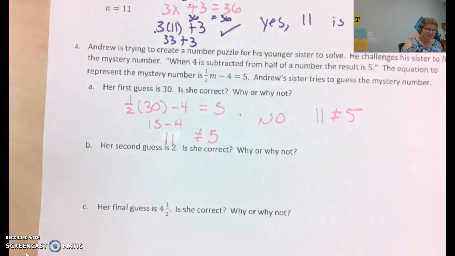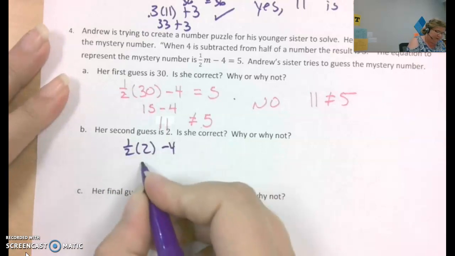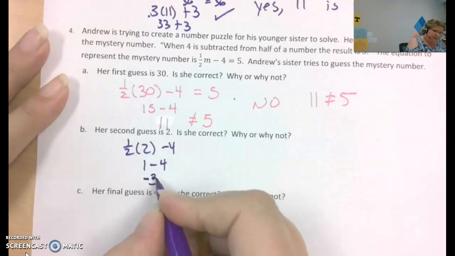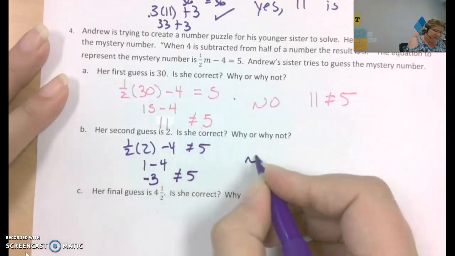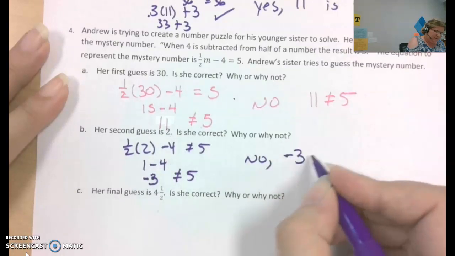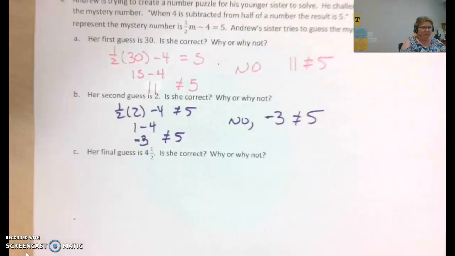Then she guesses 2, so I'm going to do half of 2 minus 4. 1 minus 4, which is negative 3, and that is not 5. So no, because negative 3 is not equal to 5. And we have one more guess.